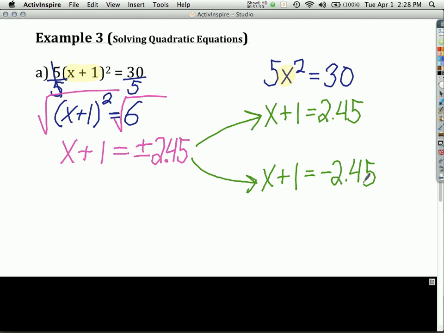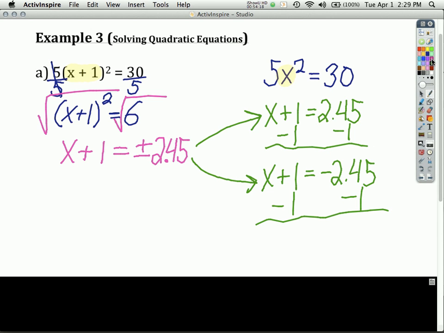Guys, stick with me because some of you are going to get lost, and it's really not that hard, but you have to pay attention. What I wrote in green is what this really means. So don't write this down yet, but here's what I could do. Subtract 1 from both sides, solve both of them. But I don't have to do that because I can just do this.